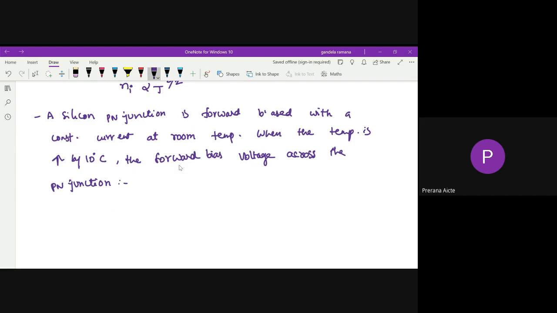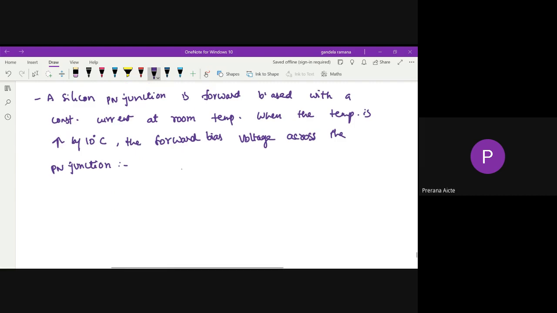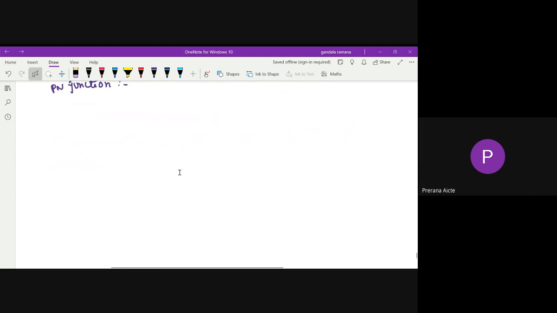Before going to the discussion of this problem, we must know the PN junction diode. Why is the name called diode?